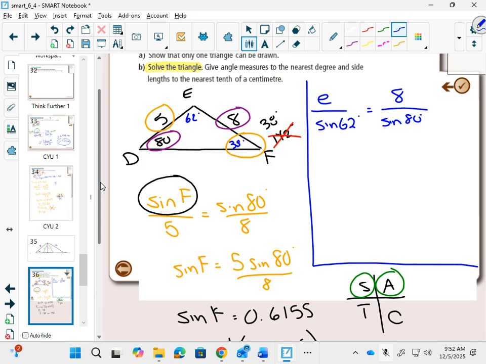If we use the other ones, they were already rounded. Rounding with a rounded number could create more errors. So e over sine 62, and then e by itself would be 8 sine of 62 over sine of 80. Go to my calculator.